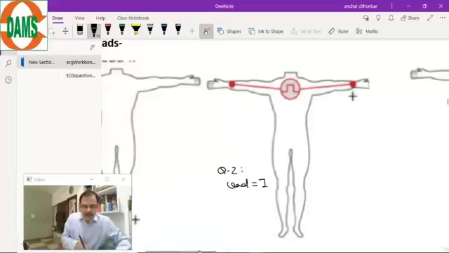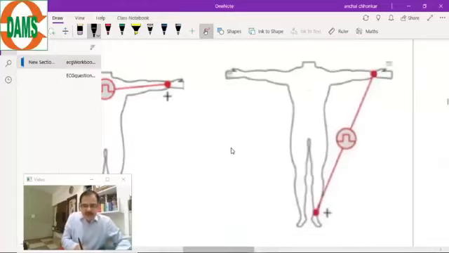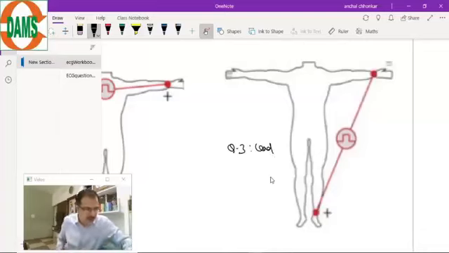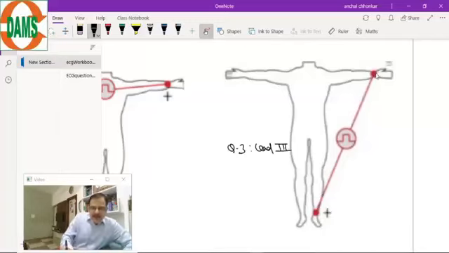Now tell me, which lead is this? Question 3. Identify the lead. Yes, it is lead 3. Positive pole on the left lower leg and the negative pole on the left upper limb.